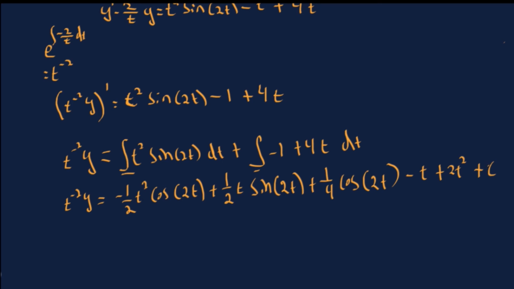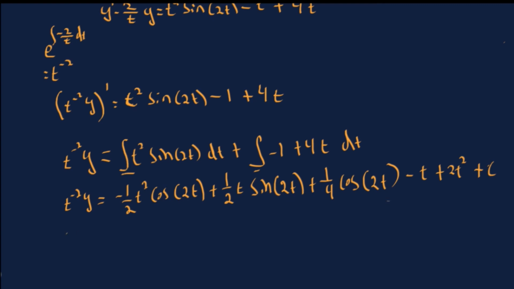And I actually did the integrating ahead of time because I didn't want to make the video too long. And so when you integrate the right side, this is what you'd get. And the next step would be to divide both sides by t to the -2 to solve for y, which is actually the same thing as multiplying by t squared.